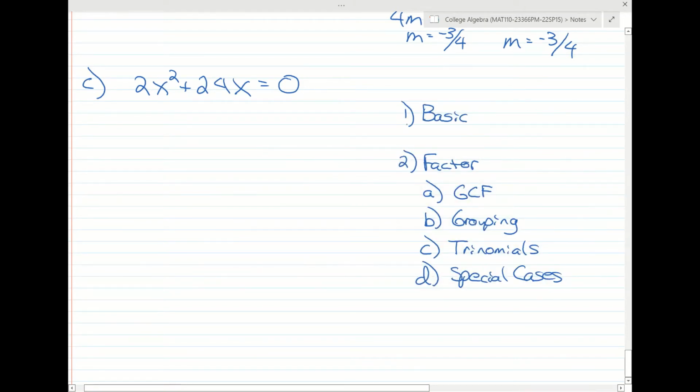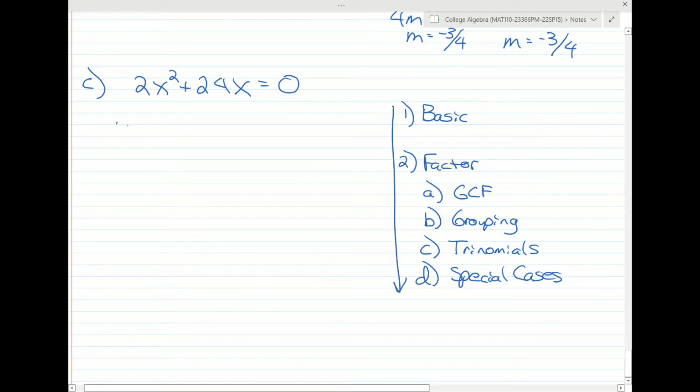This is what we said. This is how we solve equations. So you always want to go in this direction. This is not a basic equation. So let's try to factor it. First step of factoring is GCF. Is there a GCF here?